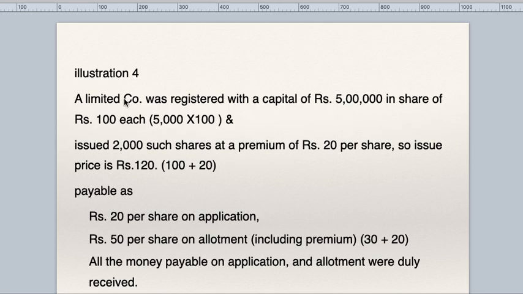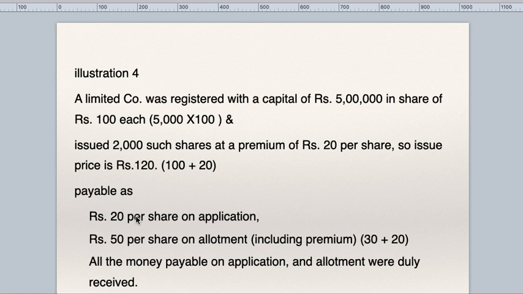Now see how it is given. Illustration 4. The company was registered with a capital of 5 lakhs rupees in shares of 100. So that means the registered capital is 5,000 shares of 100. Issued capital is 2,000 shares at a premium of 20. So the issue price is 100 plus 20, 120.